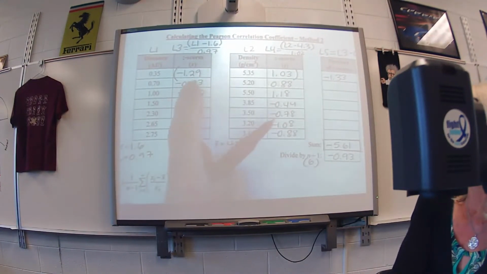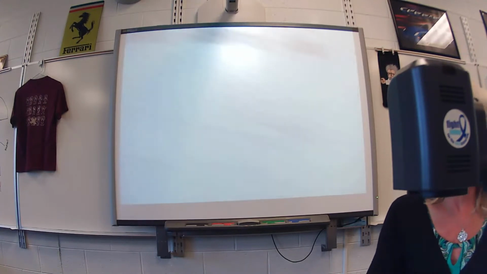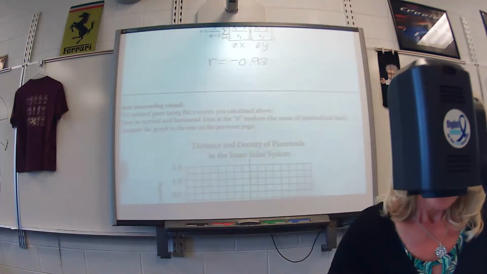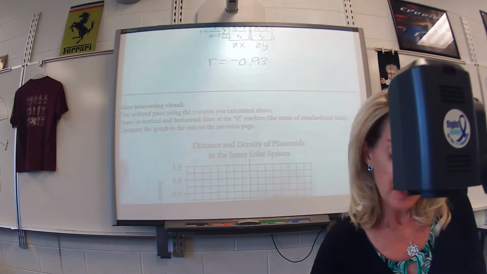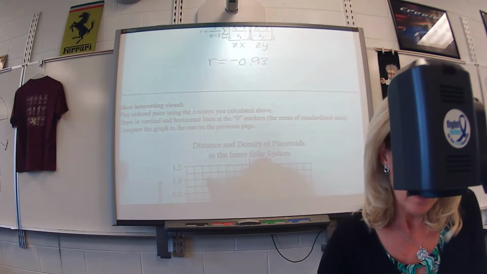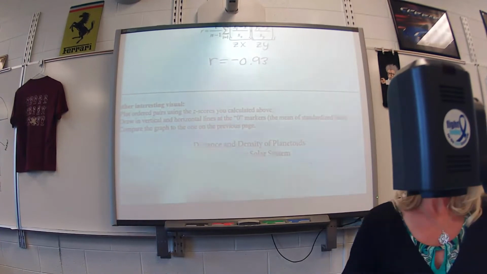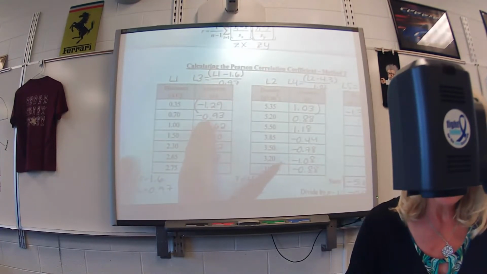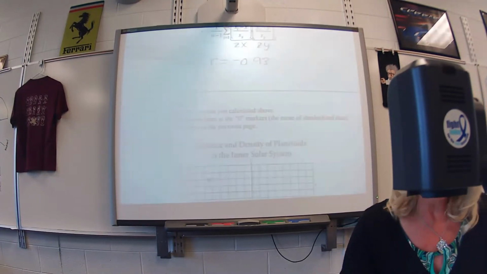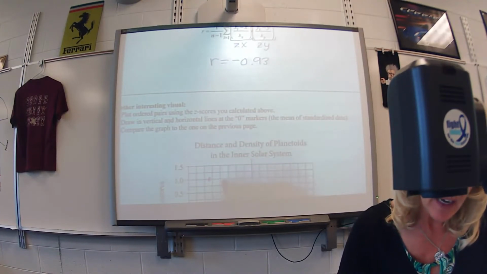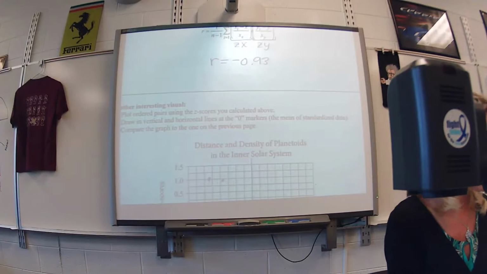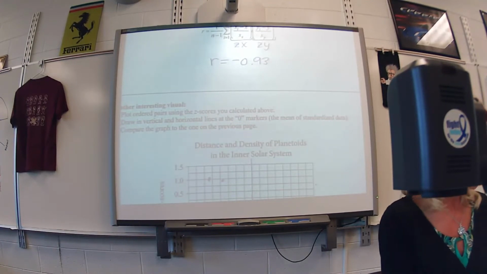There's my first ordered pair. If I plotted that ordered pair, it'd be negative 1.3 and about 1. The next set of ordered pairs for my z-scores would be negative 0.9 and positive 0.9. Now I'm not going to sit and graph all of these, but you know what picture it's going to make?